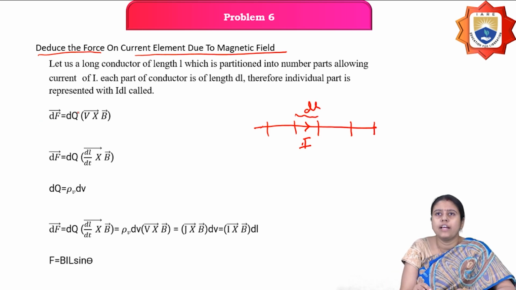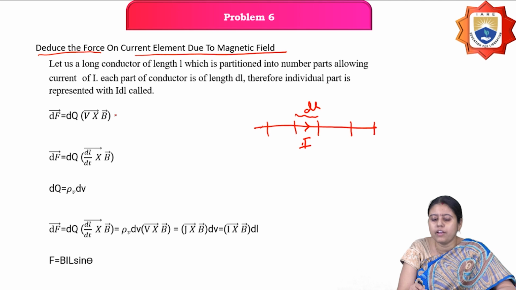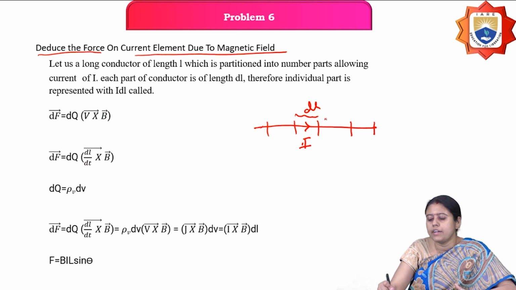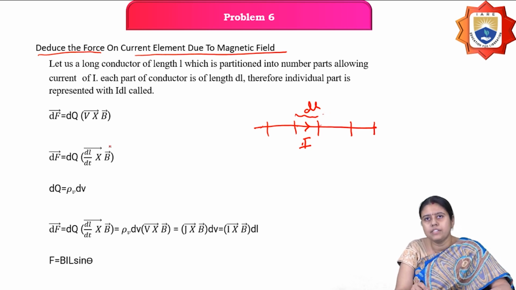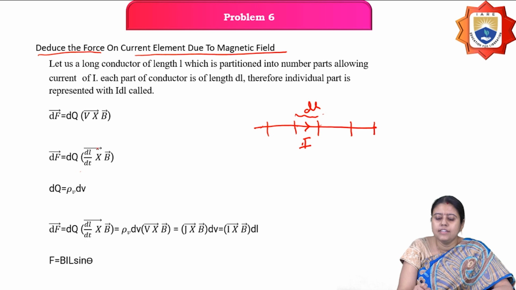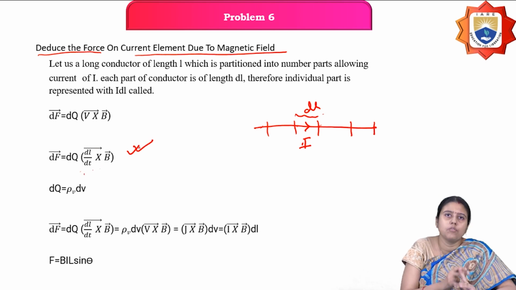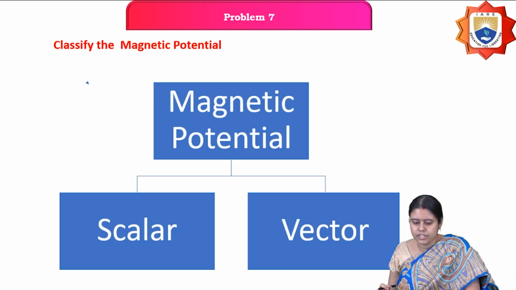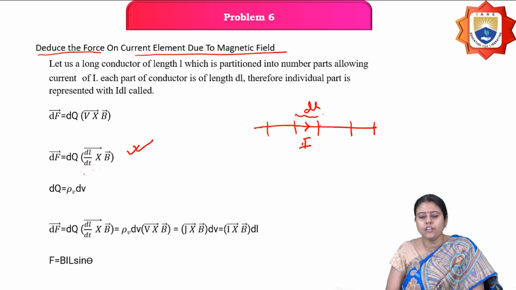So we know that dF is equal to dq v cross B. What is the meaning of the velocity? Velocity means displacement over time, the time taken by the charge to displace this dl distance. So we can write v as dl by dt. This is one equation.